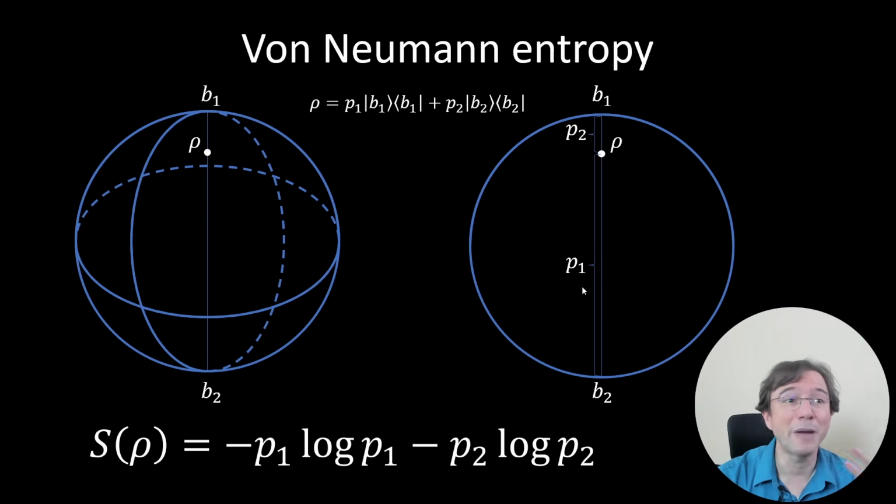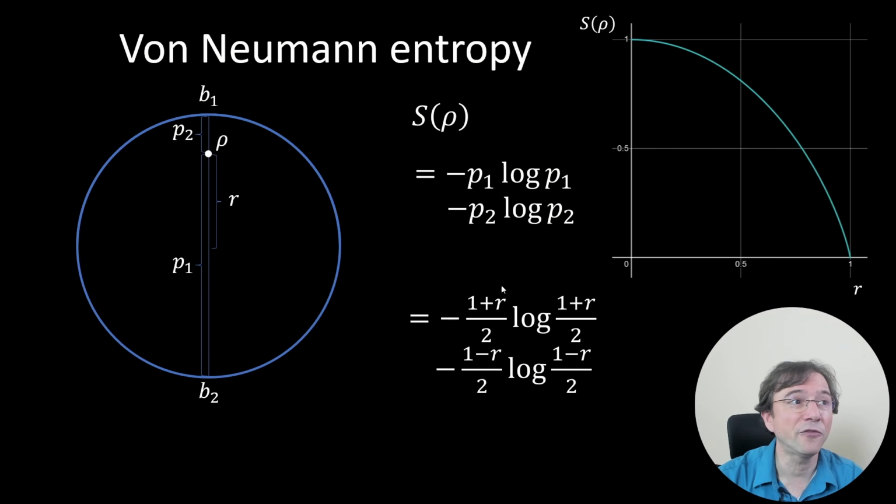Now we can do better, because like before, we can note that P1 is really (1 + R) divided by 2. So P1 is just 1 plus the distance between the center of the Bloch sphere and rho, divided by 2, and P2 is 1 minus the distance, divided by 2.